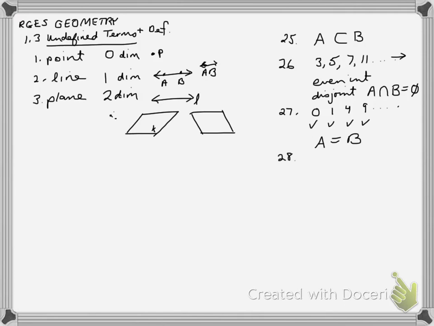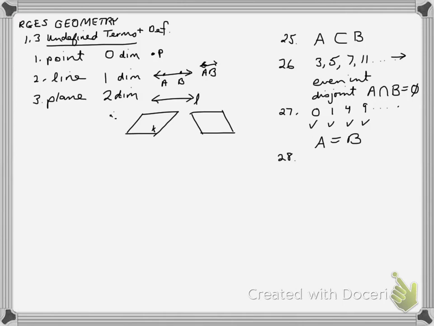In 28, A has a list of elements, 1, 11, 21, 31. B has a list of elements also, negative 11, 1, 11, 121, 1331. Well, we notice that they certainly are not the same, and they're not even equivalent because there's a different number of elements in each, but we do have some they share.